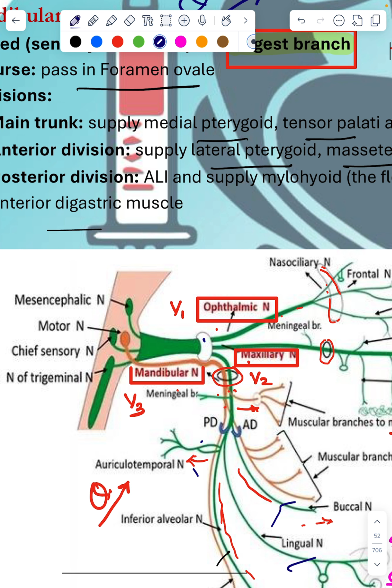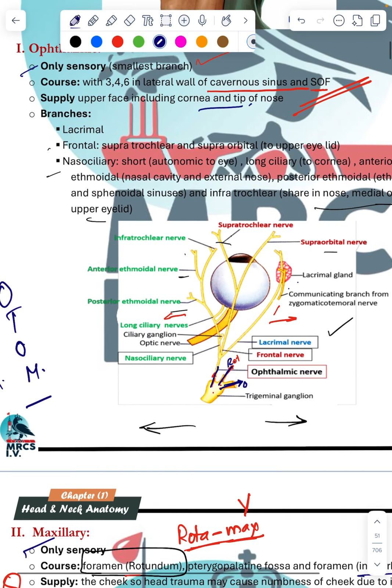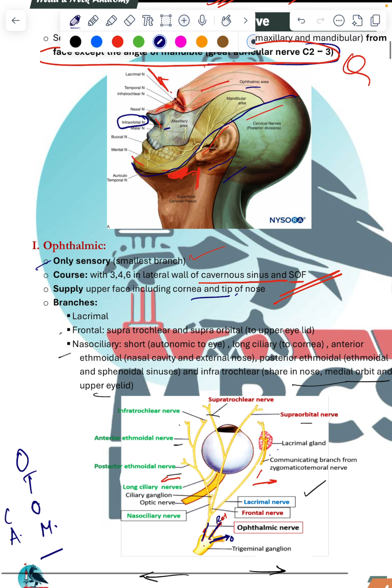As we have seen, of the cranial nerves, two are from the forebrain, two from the midbrain, four from the pons, and four from the medulla. Midbrain, pons, medulla. So 2, 2, 4. So the trigeminal has to start from the pons.